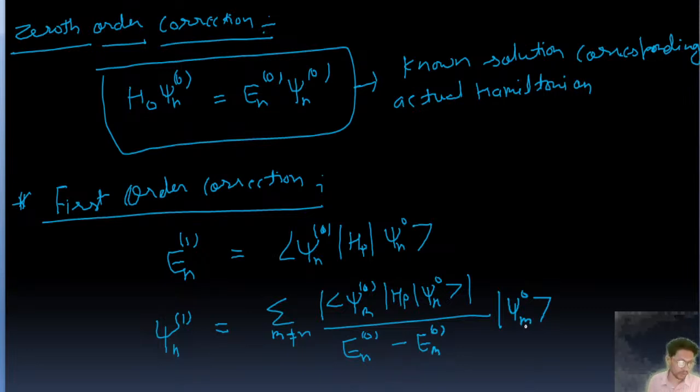Here Hp is the perturbation part. So this is the first order correction in the wave function.